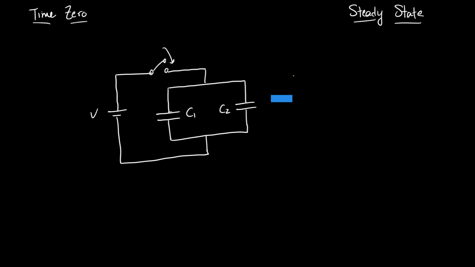So if we assume that we've closed the switch and the system has reached its full charge, that's saying the same thing as saying the system has reached its steady state condition. So right now, both capacitors are fully charged. And you should also know then that they have different amounts of charge in this case because they are in parallel, but they have the same voltage. Correct? You guys remember that?